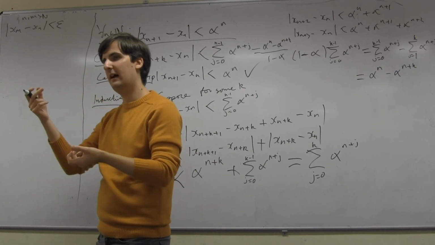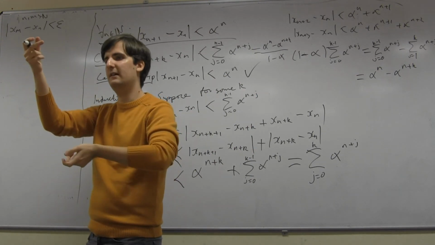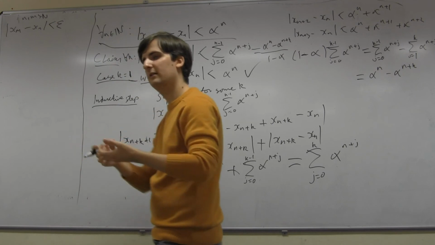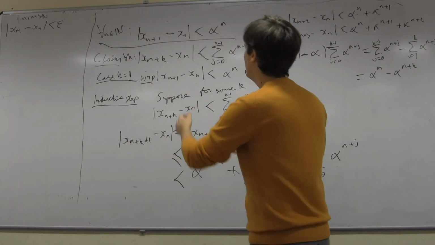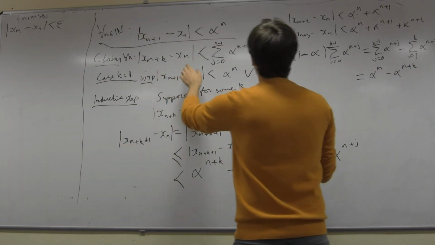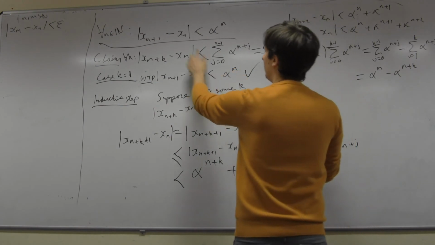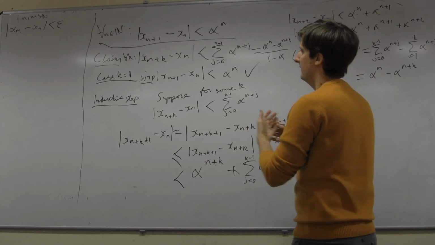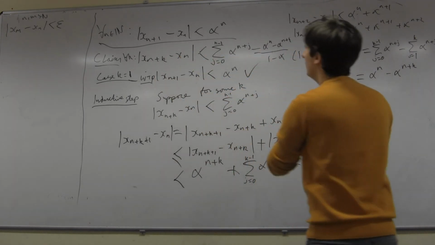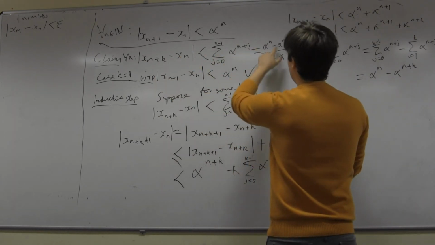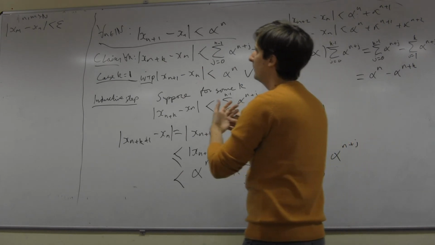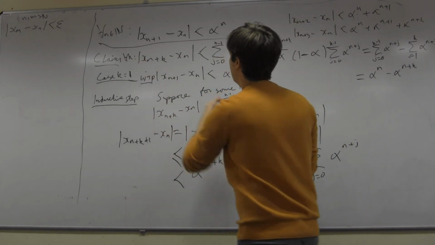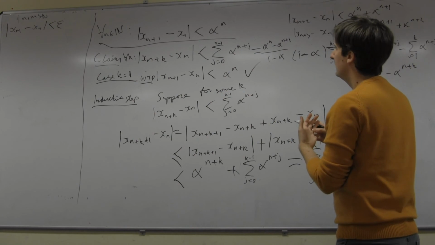So we can have k is m minus n. So maybe we can do something with what we have here. This holds for all k: x_(n+k) minus x_n is less than that. We need to get rid of the dependence on k.